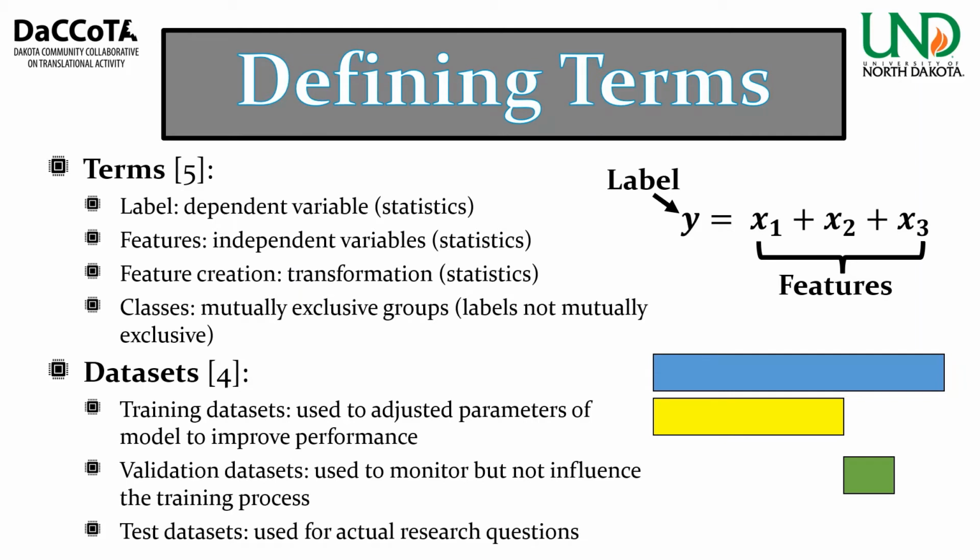And then the testing set, used for actual research questions, determining the accuracy of the model. Now, of the 3, the validation data set isn't always used. Sometimes it's just training and test. And there's other ways to partition than just splitting like this. Sometimes there's cross-validation, etc.